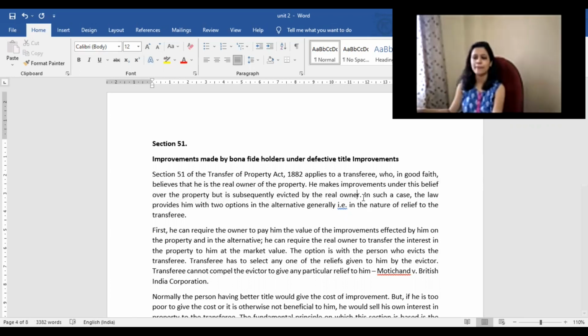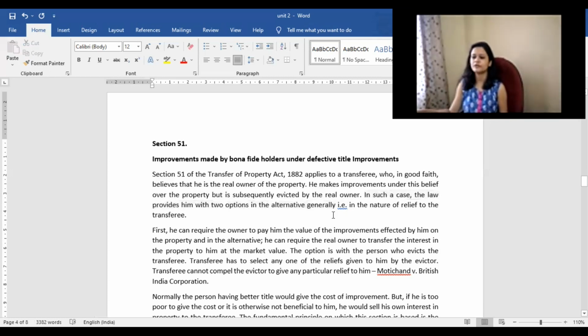In such a case, the law provides him with two options in the alternative generally. That means when this real owner is going to come and say, excuse me, you go away from my property, this real owner is going to have two alternate options. So what are these two alternate options?